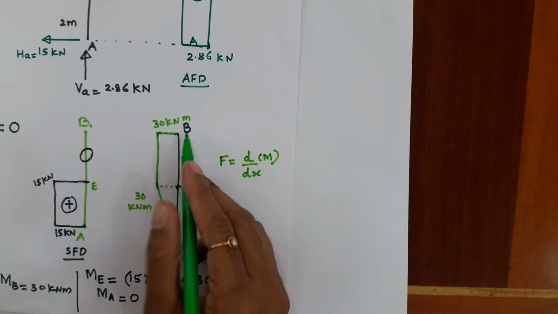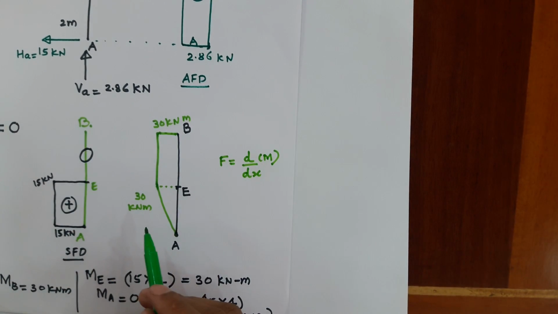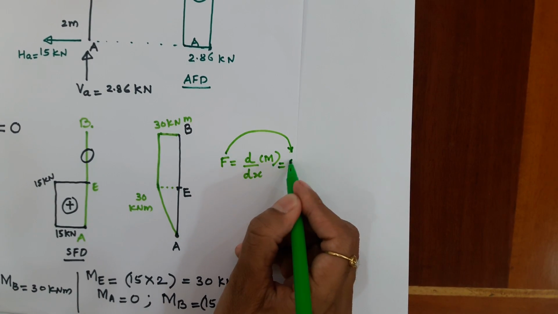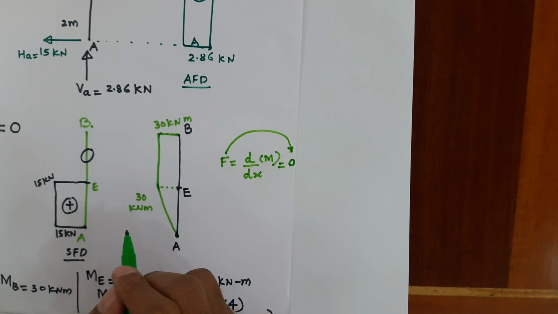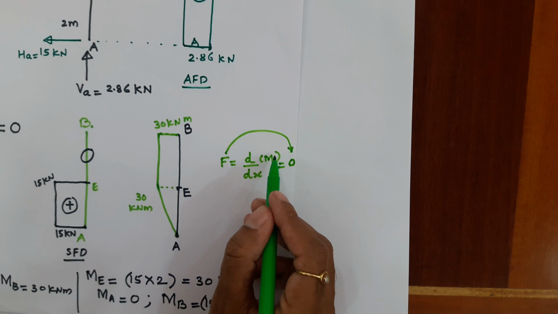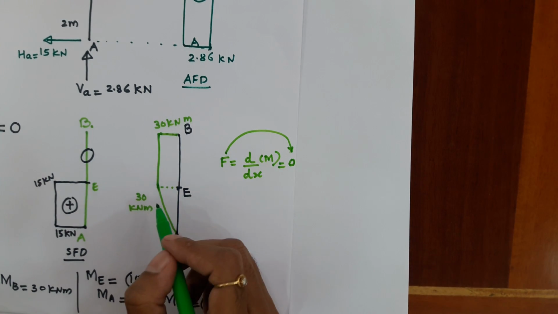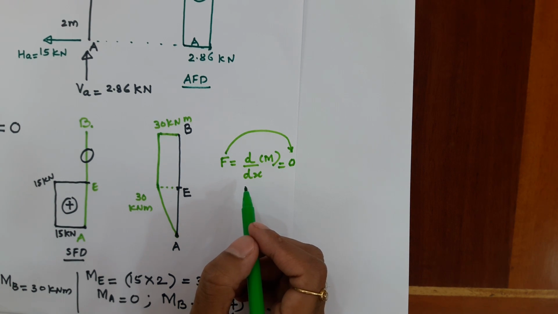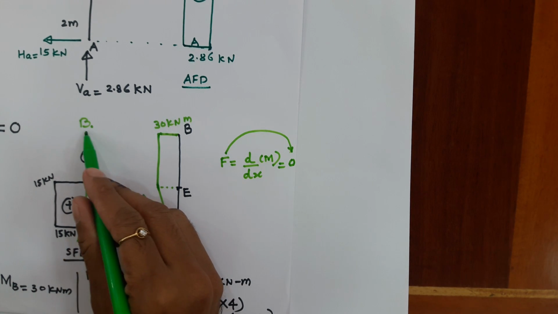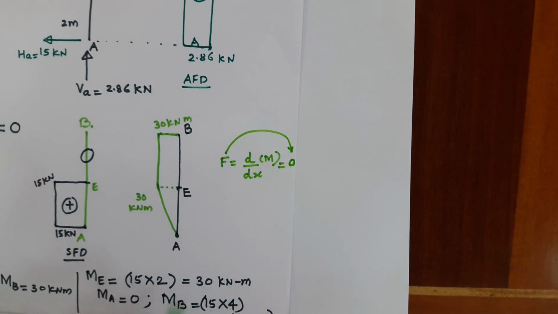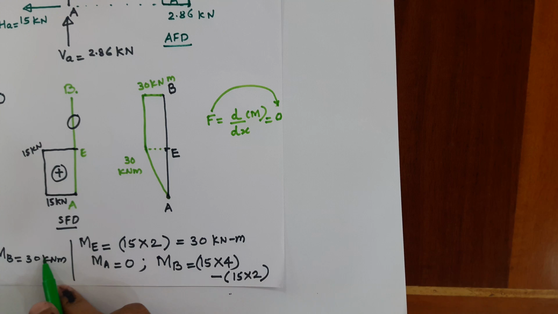From E to B the shear force is 0 and therefore the bending moment must be constant because the derivative of a constant is 0. So obviously without calculation also, as a student you should understand that once the shear force is 0 for a certain part, the bending moment must be constant. If this answer would have been anything other than 30, that means you have made some mistake.